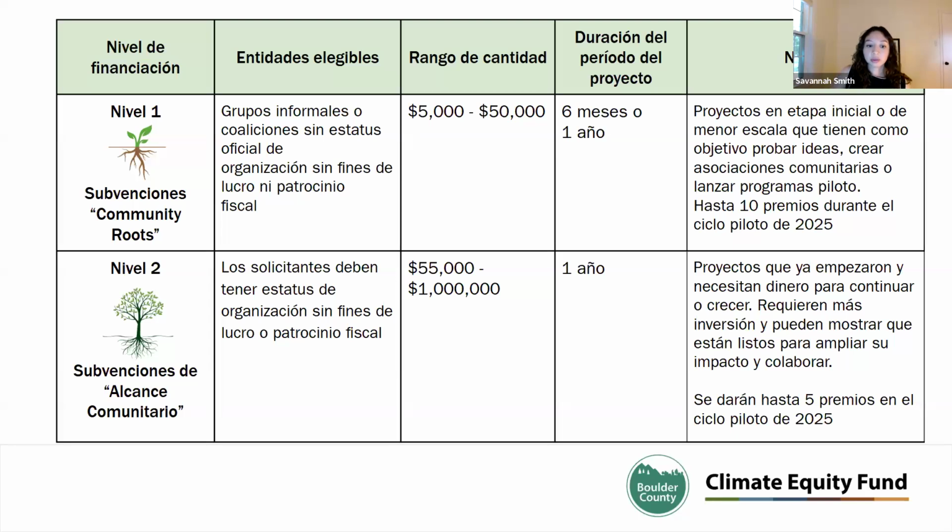These Tier 2 projects are for more established projects or startup initiatives that have already been developed. These projects may have greater investment and can demonstrate the readiness to manage and scale impact and partnership. We hope to award up to 5 Tier 2 awards in this pilot cycle.